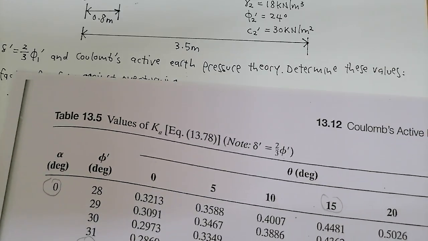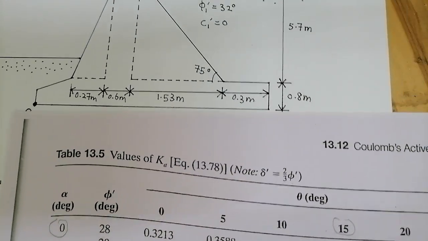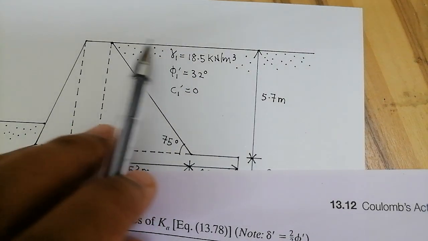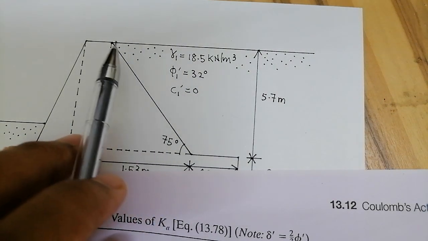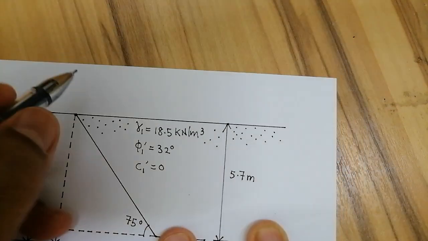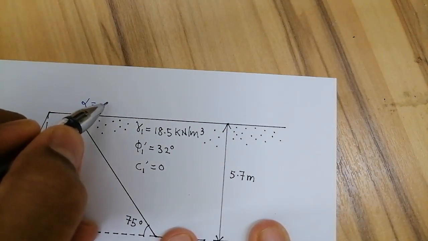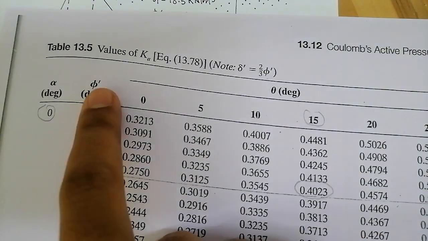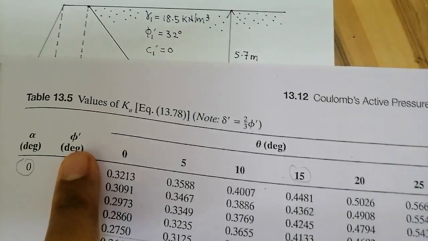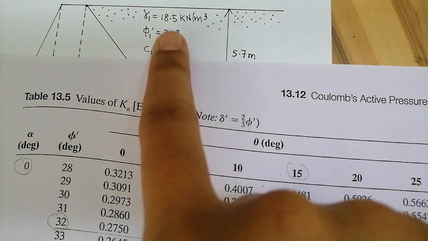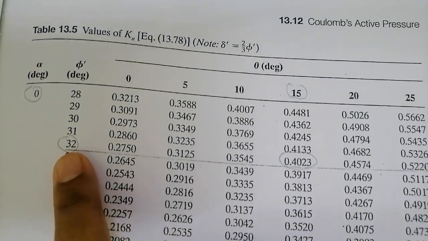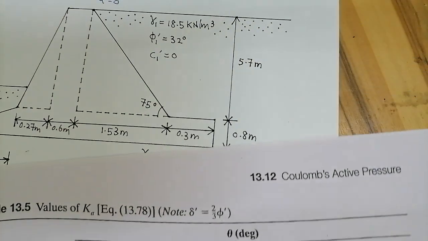So let's do this. Our alpha is 0, because the backfill is horizontal. There is no angle, okay? So our alpha is 0 degree. And our friction angle of layer 1 is here, 32 degree. And then what is the value of theta?